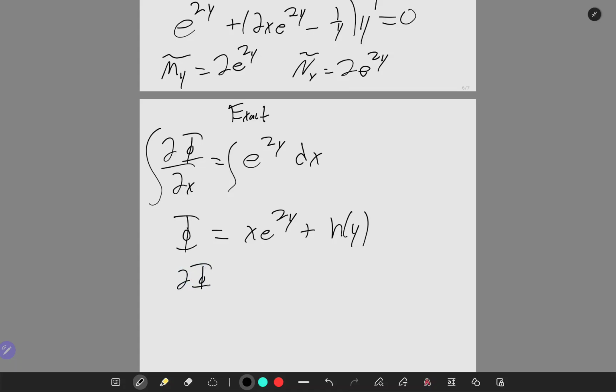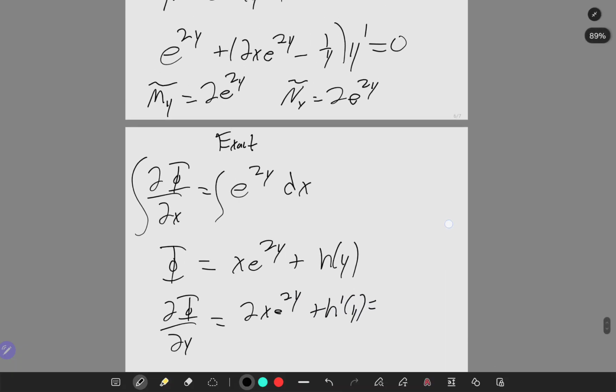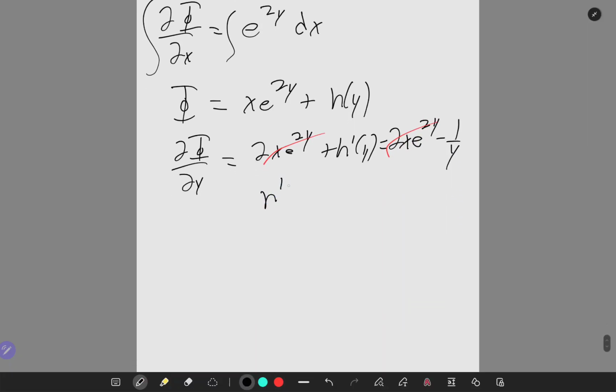Now we do it with respect to y. That'll be 2x e to the 2y plus h prime of y is equal to 2x e to the 2y minus 1 over y. These cancel, thank God. h prime of y is equal to negative 1 over y.